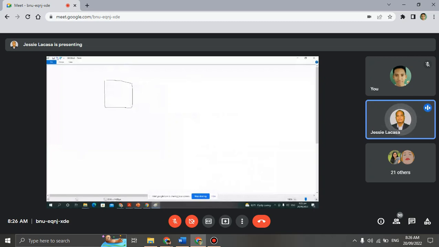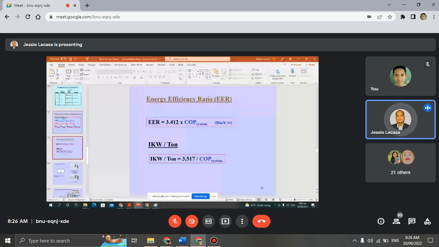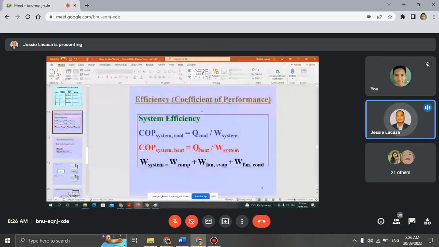Then for the efficiency or the coefficient of performance, there are many ways to present the efficiency of an air conditioning system. Either in terms of the COP, which is commonly used, or in terms of kilowatt per ton or kilowatt per TR, or in terms of the EER or energy efficiency ratio.